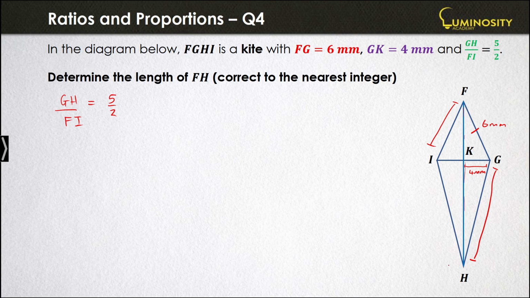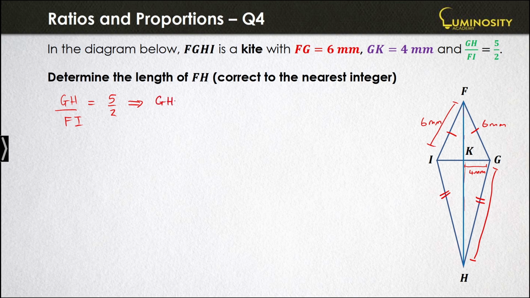So let's go ahead and put some information on this diagram based off the fact that it is a kite. We know that adjacent sides are equal in length, so this is 6 millimeters. And we also know that GH is equal to IH, however large those are. But we can work that out because we have this given ratio.